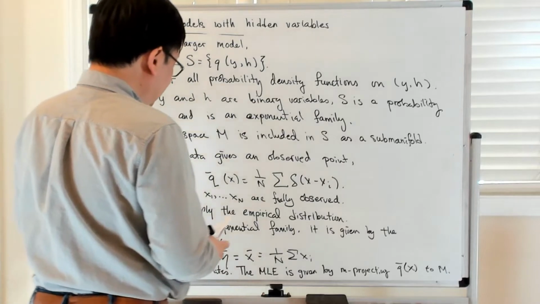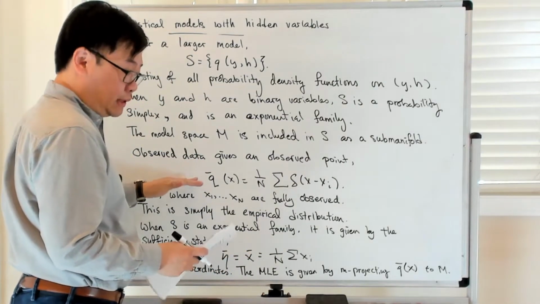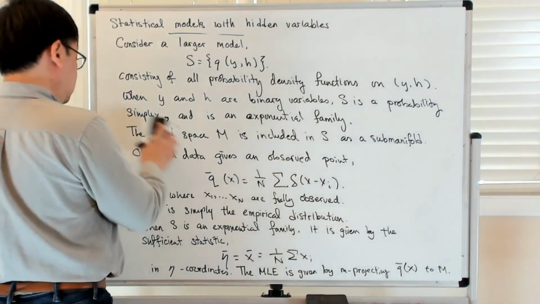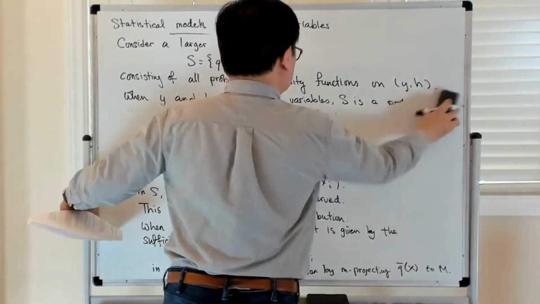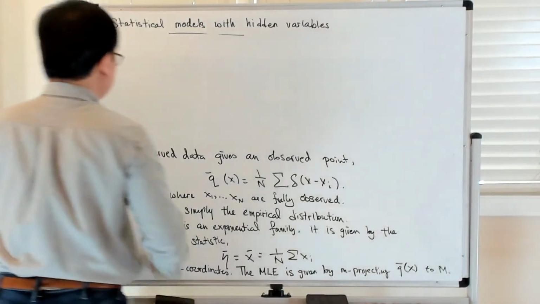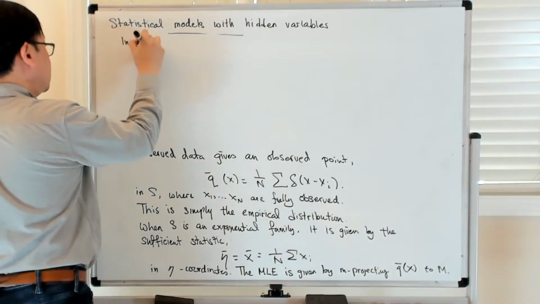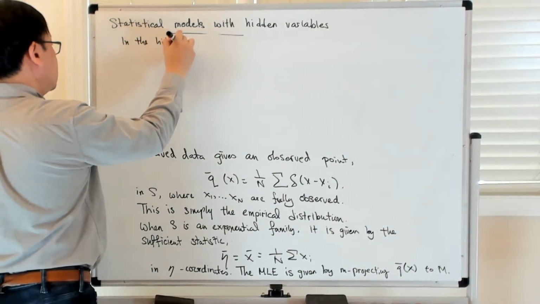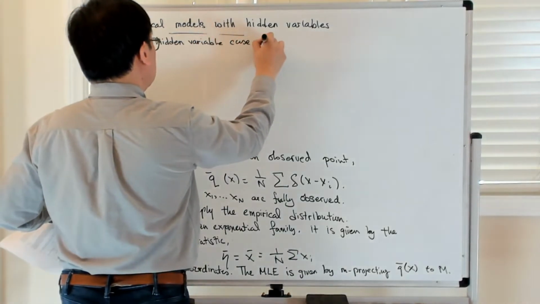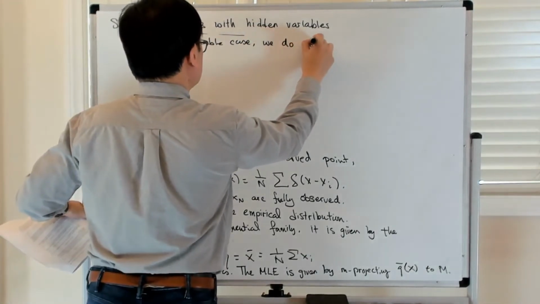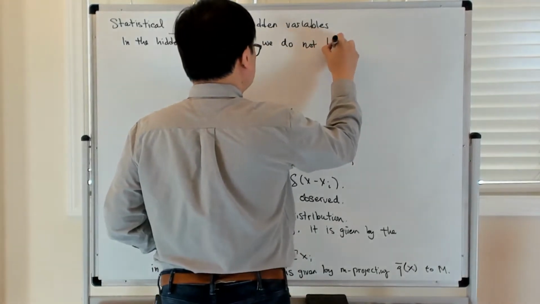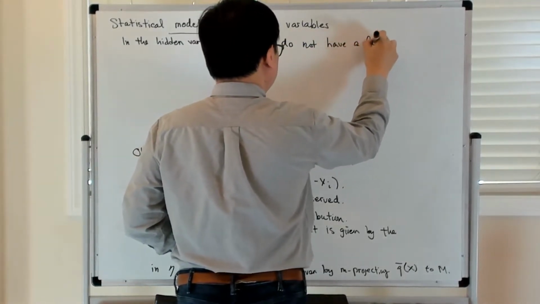So the problem, of course, is that you don't have a fully observed point. It's like in the hidden variable case, right? So let's see what happens. In the hidden variable case, we do not have a fully observed point by definition, right?